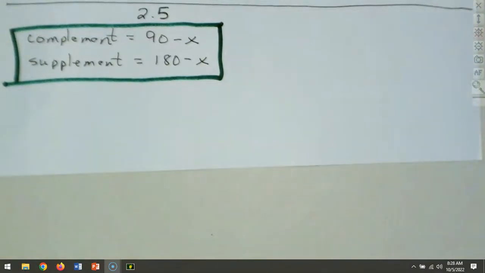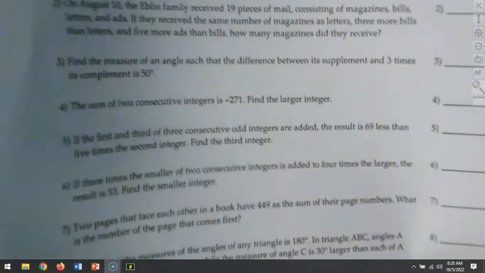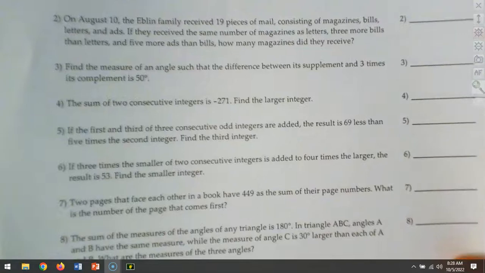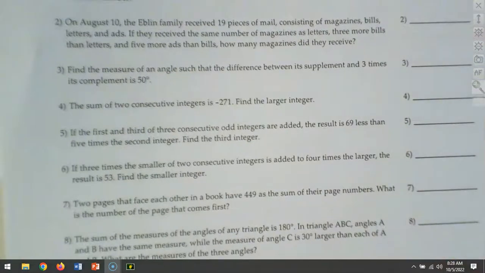Now, question number 3 is where we're going to begin. And this is an angle question. So let's read it, we'll talk about it, and then we'll try to set up our equation, solve it, and get our answer.